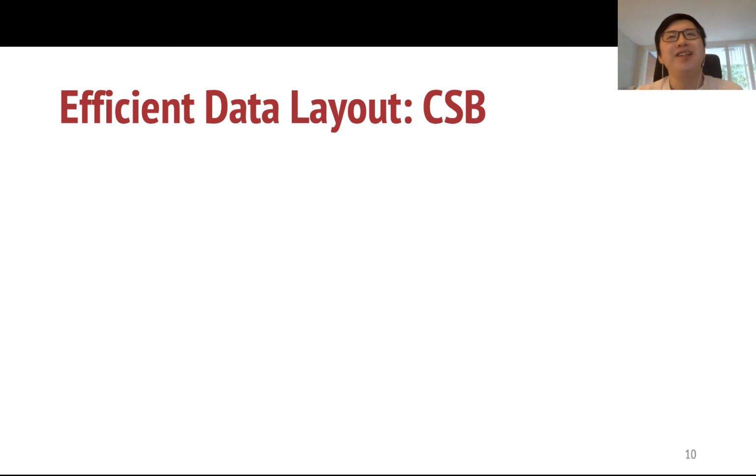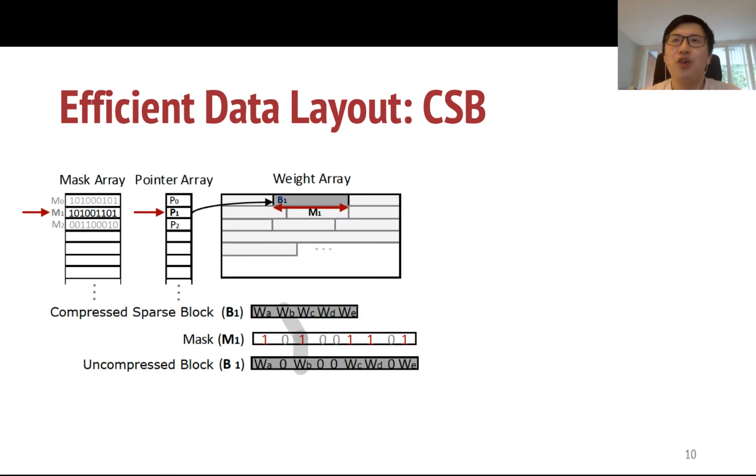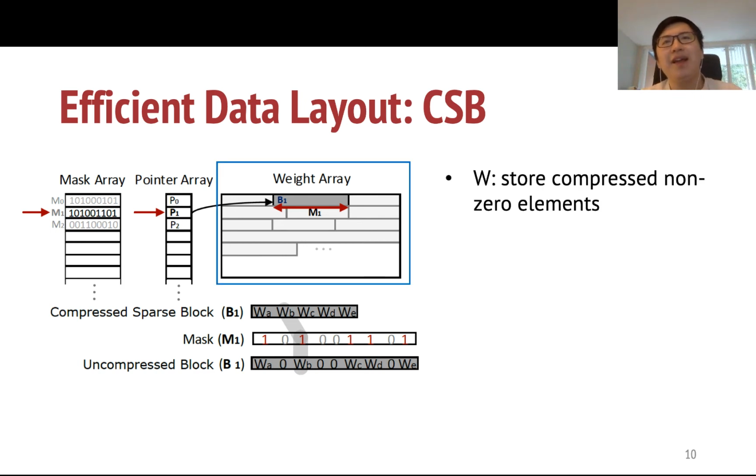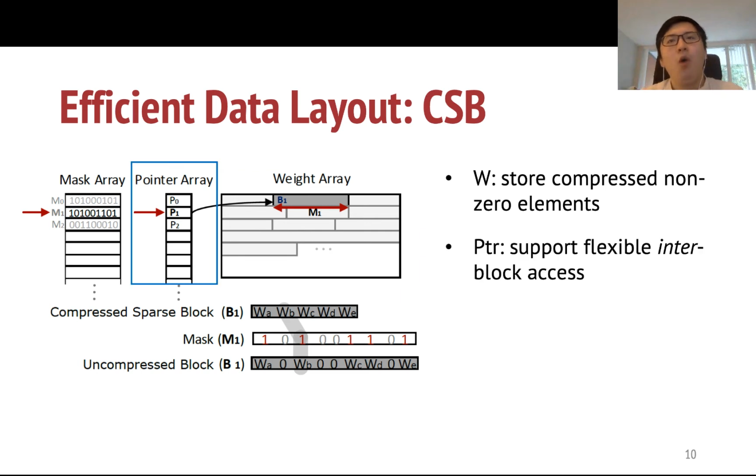To address the first challenge we just mentioned, which is to support efficient sparse weight access across different training phases, we use a variant of the compressed sparse block format. A schematic is shown in this figure. We have a weight array that contains all compressed non-zero elements. Besides, we have two auxiliary structures to record the metadata. One is the pointer array that supports flexible inter-block access.